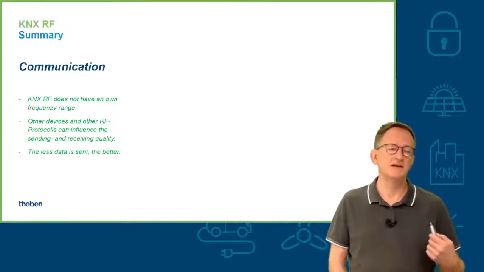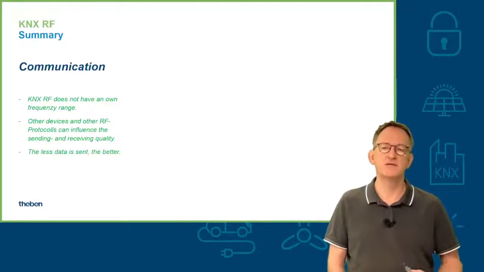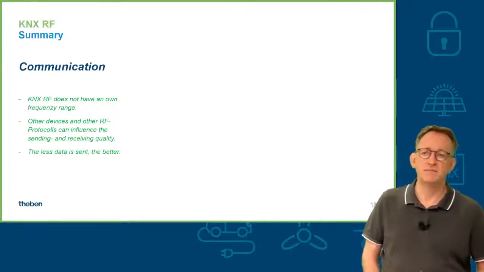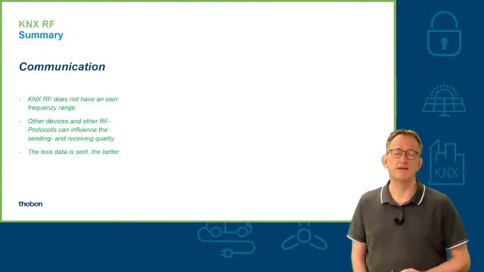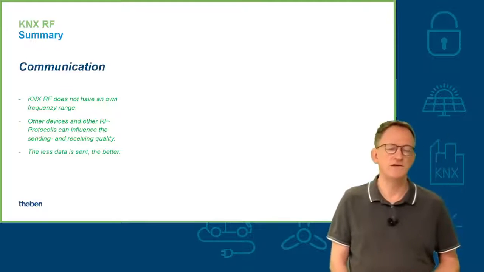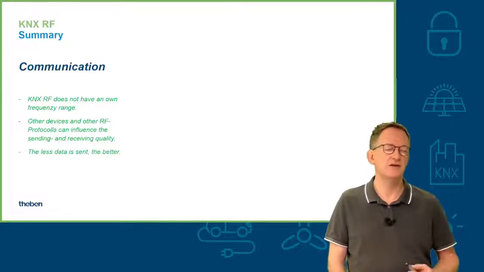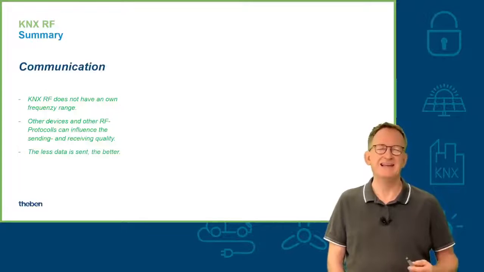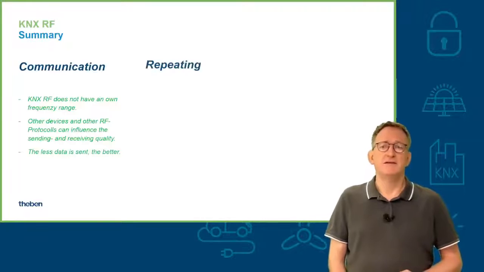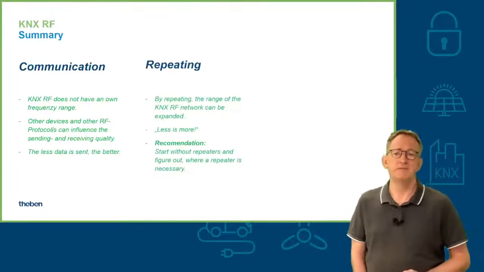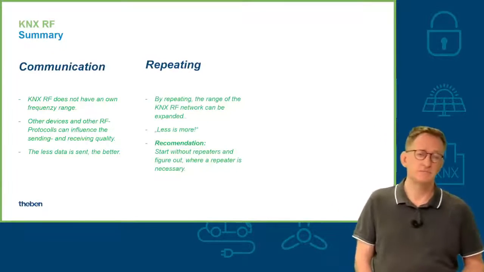So you should just be aware of what's really going on. Try to configure the devices in such a way that you send as few telegrams as possible, just the really needed telegrams. Repeating: less is more.